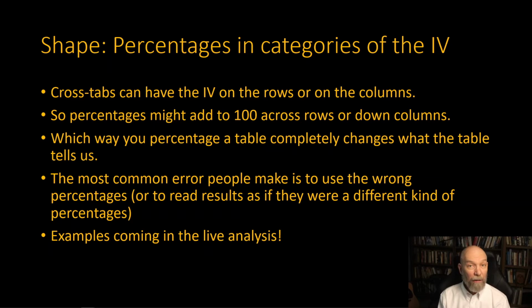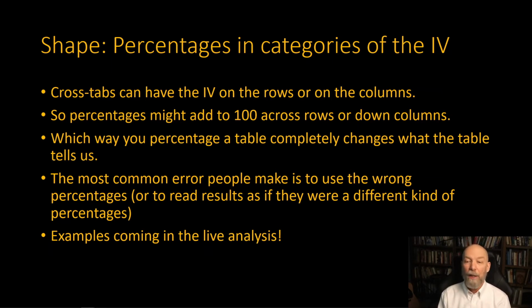So when you're reading someone else's work, you have to look at the table and say, which way do the percentages add up? Do they add up to 100% across all the rows or down all the columns? That's how you figure out which variable is predicting which variable. And this matters because which way you percentage a table completely changes what the table tells us. I'll show some examples of that in a moment, but you really have to be careful with this.